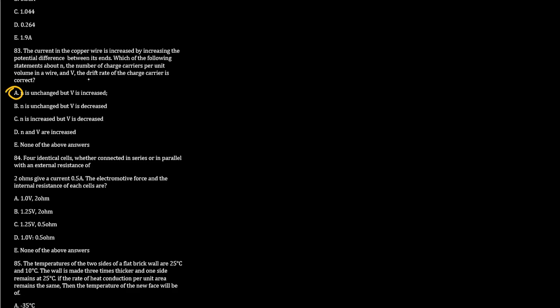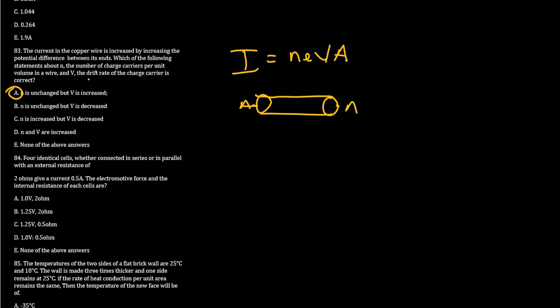So since the current in the copper wire is increased by increasing the potential difference, nothing was said about the material, so it definitely means we are simply increasing the potential difference across the ends of a given conducting wire. So increasing the potential difference across the ends A and B will in no way alter the number of electrons per unit volume inside these conductors, so it's always going to remain unchanged.